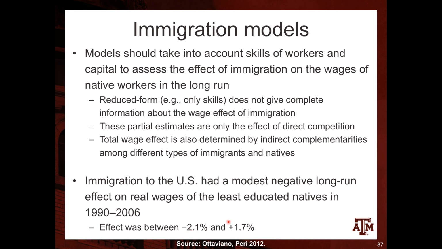This range has 0 in the middle, showing that this result is not statistically significant, saying that the increase in immigration did not have a significant effect on the earnings of US-born workers.